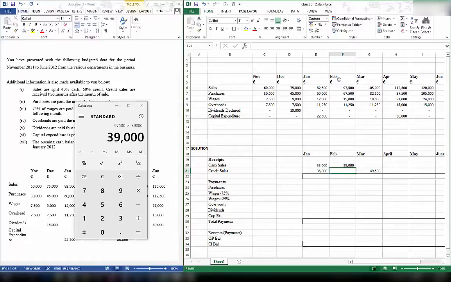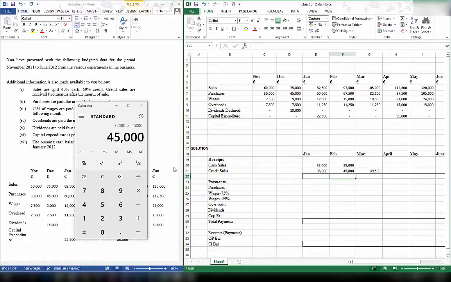If we work backwards, February back to January, and 2 months ago, we're taking credit sales of 60% out of the 75,000 from December, which means that 45,000 in credit sales is attributable to February from December.